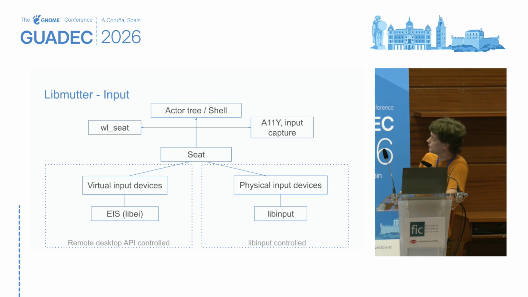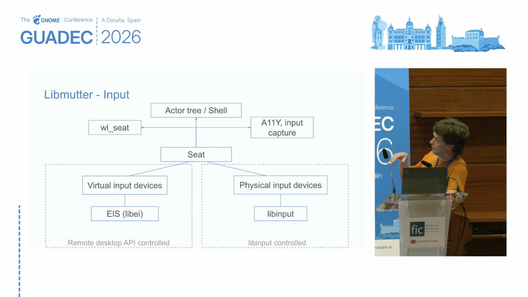Input is similar. You see here this little new thing that I'm going to mention in the next slide, I think. Just as with output, input also has some indirection here: physical input devices talk directly to the kernel via libinput, but virtual devices talk to something implemented by libei, which I'm going to go through in a bit.